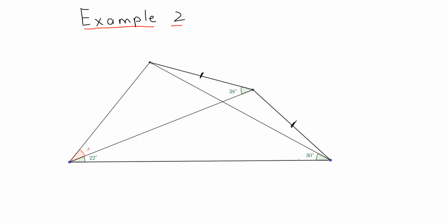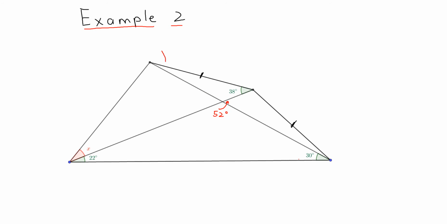So I can say, okay, this angle, and I'm just going to write a little arrow here so the rest of the writing doesn't get in the way, is 52. And this is 38. Now I know that this plus 38 must equal the 52 for the exterior angle. If you wanted to work out this angle and then do the angle sum of this triangle, that's fine too. You'll get to the same answer.